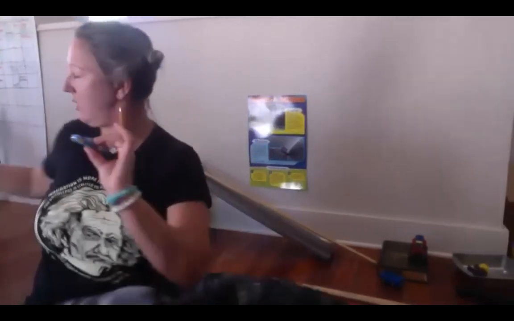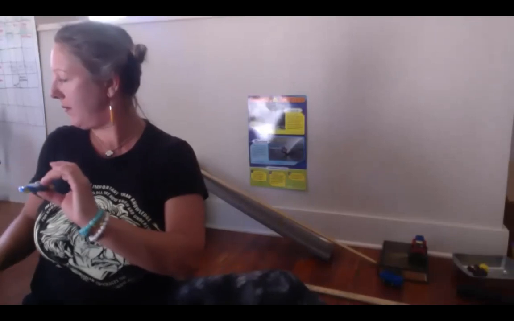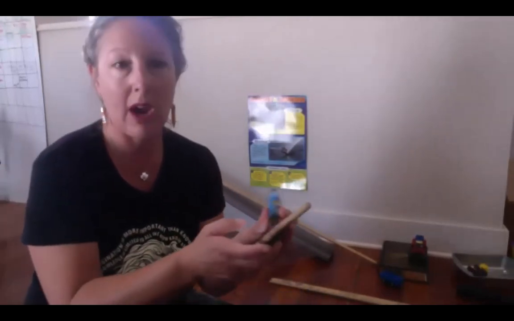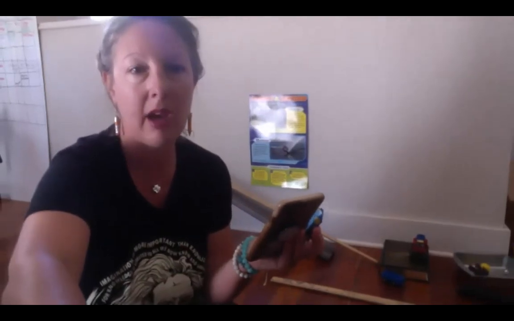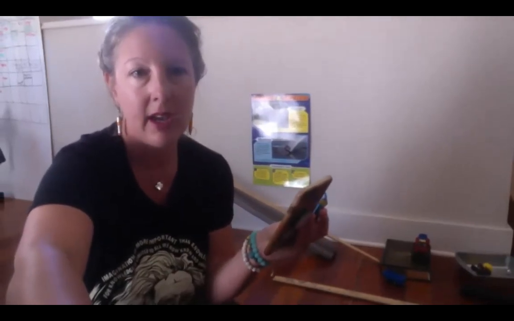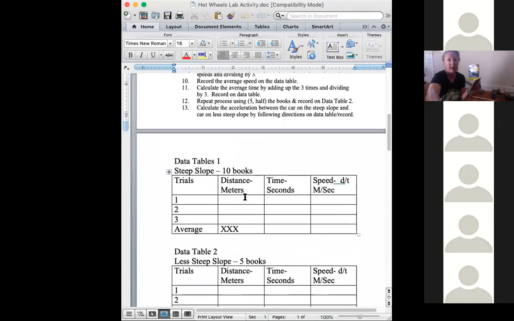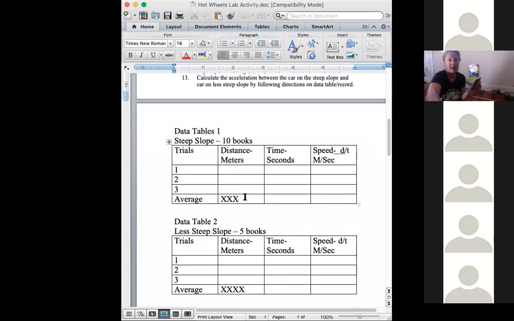Getting the timer ready. We are going to be writing the time. We're going to do this 3 times, and we are writing our time in data table number 1. While you're at this, you might as well fill in your distance in meters. It's going to be 1 for all 3 trials, actually all 6 trials.